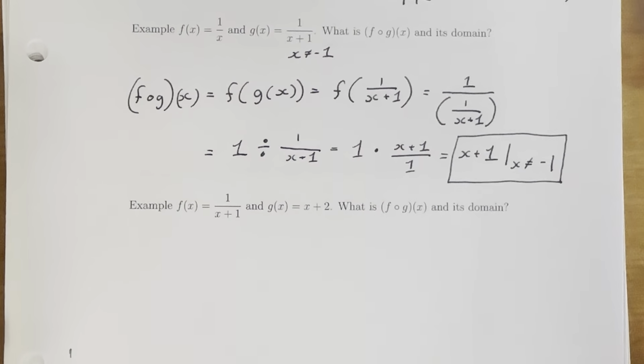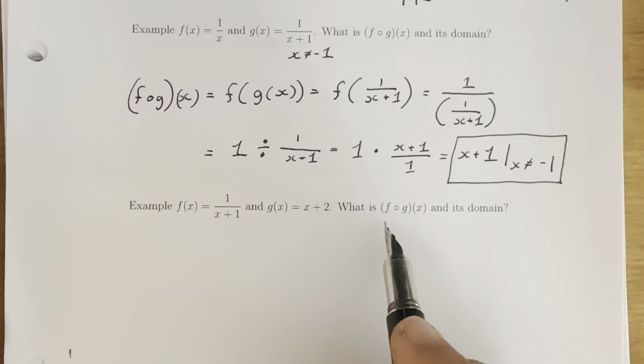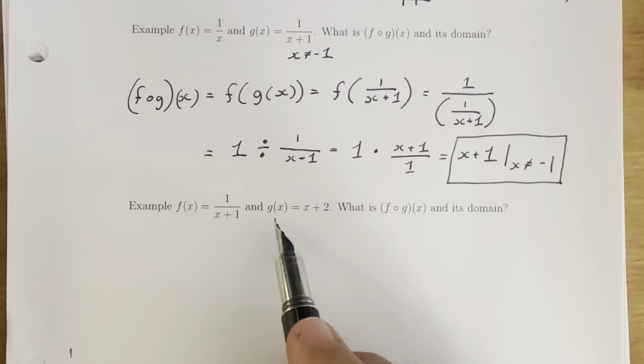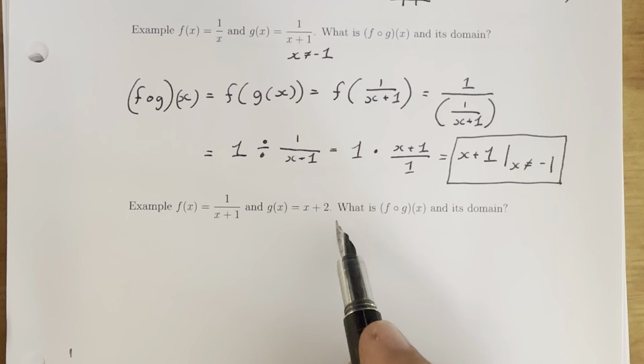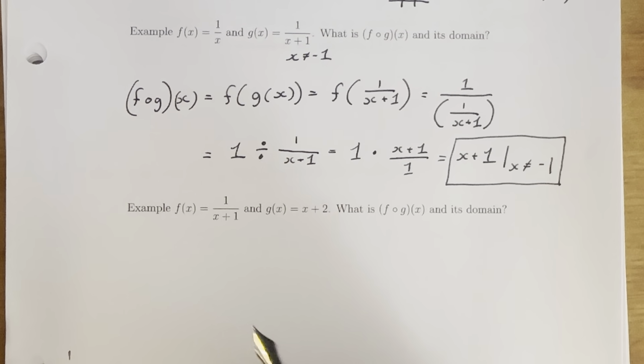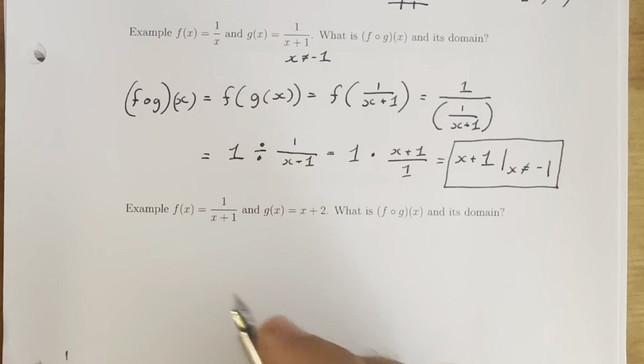We now have, again, it's f of g, so since g is going into f, we got to think about the domain restrictions here. G has no domain restrictions, so there'll be no domain restrictions being moved forward. So let's go ahead and write this out.